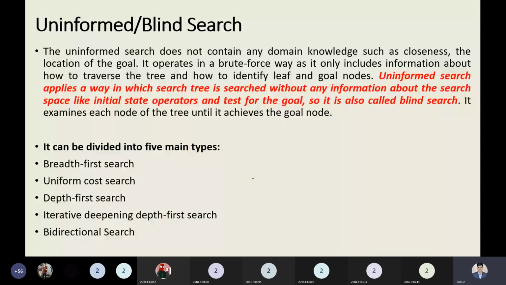We can read the different types of uninformed search algorithms: BFS and DFS, uniform cost search, also known in shortened form as UCS, iterative deepening depth first search, and bidirectional search. We will not touch some of these right now, but if the curriculum or syllabus permits, we will see them. We will focus on the three important searching mechanisms: breadth first search, uniform cost search, and depth first search.